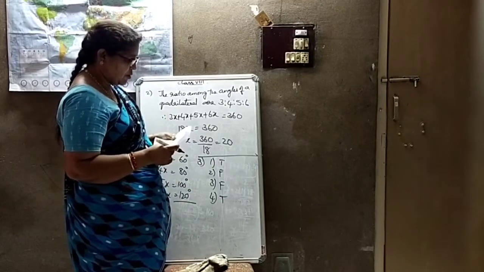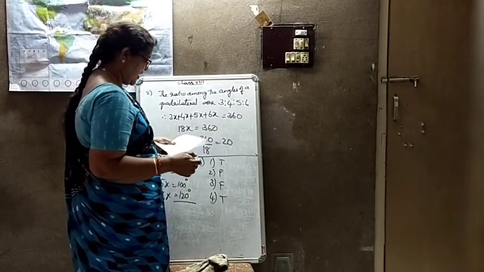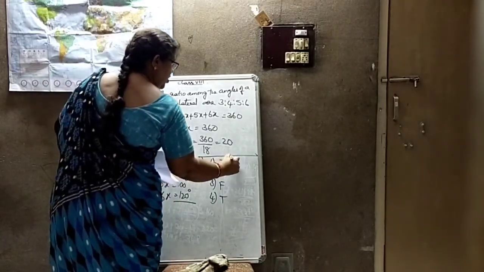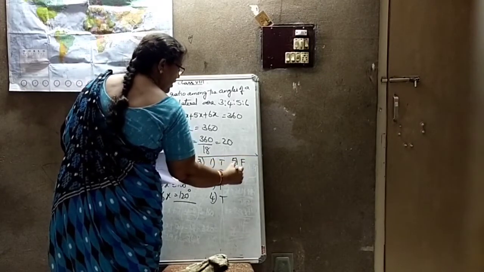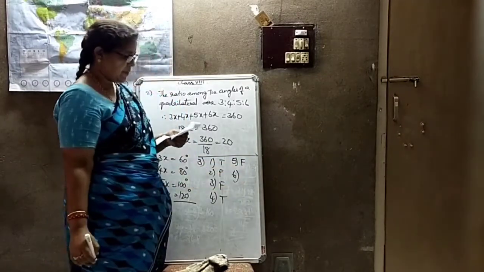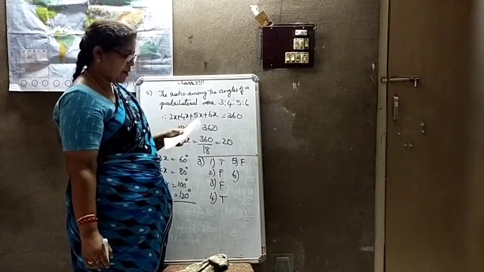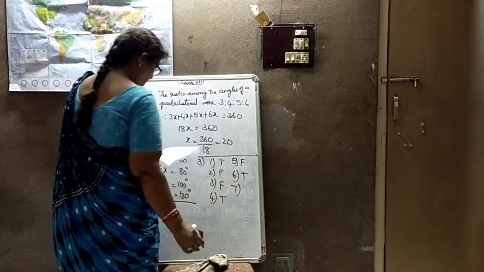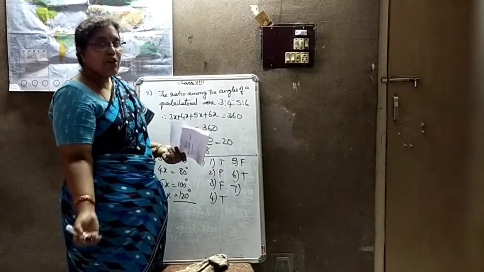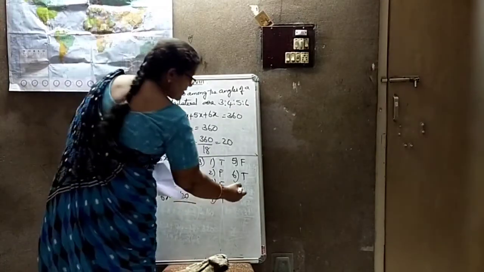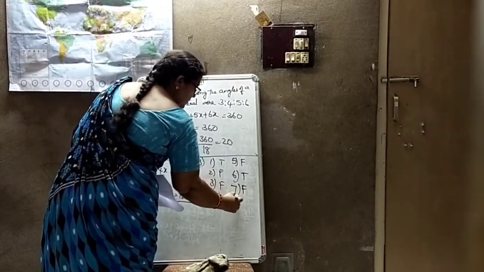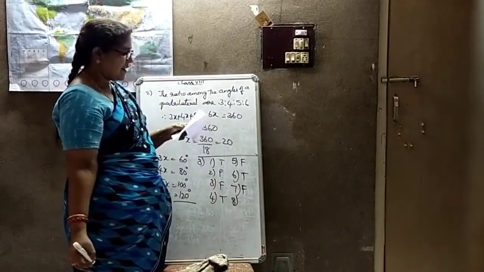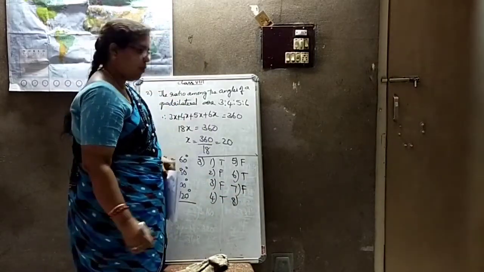The quadrilateral whose four sides are equal is a square. It is half correct, so you should write false only. Every rhombus is a parallelogram. True. Every parallelogram is a rhombus. Need not be. So false. Diagonals of a rhombus are equal. No. False.